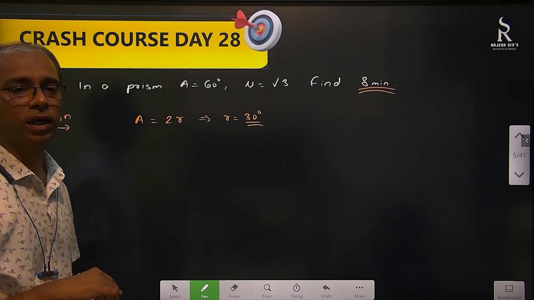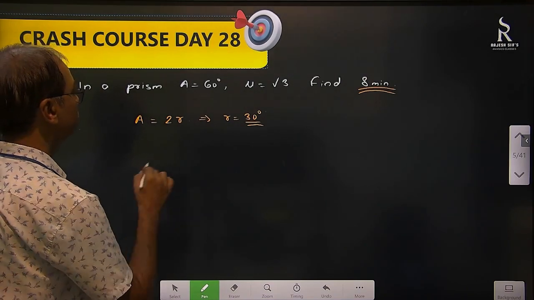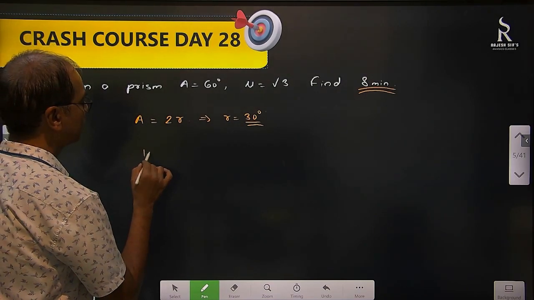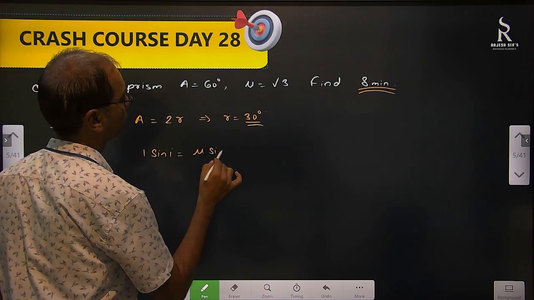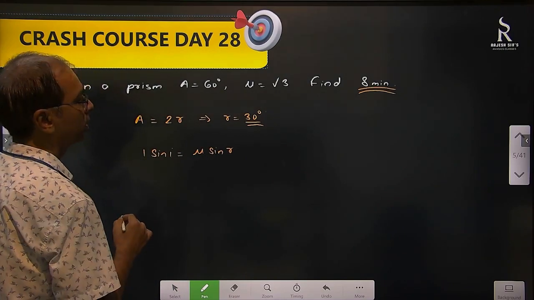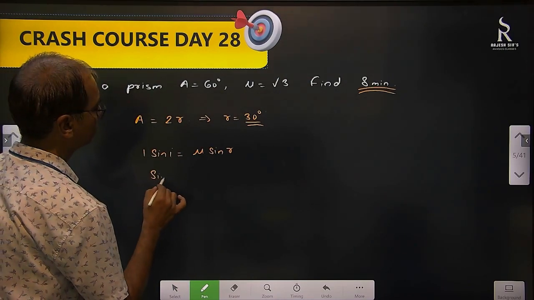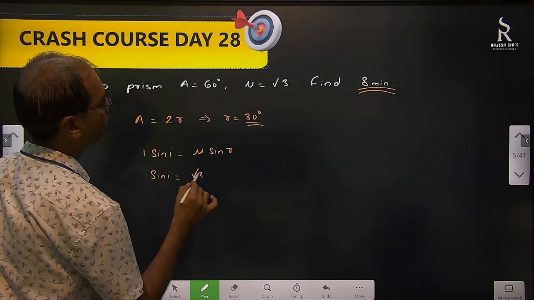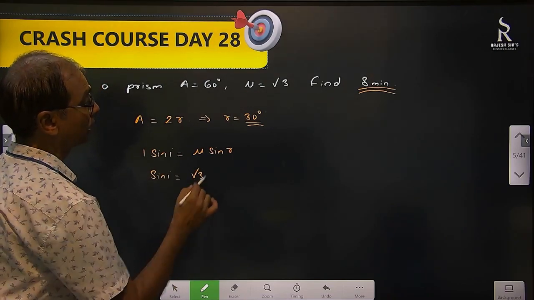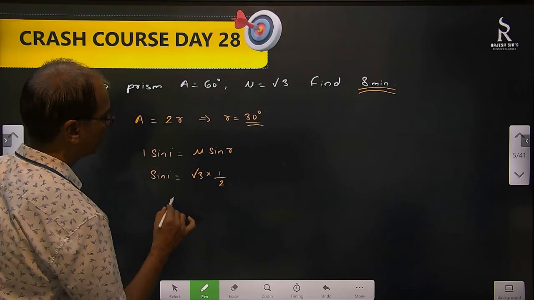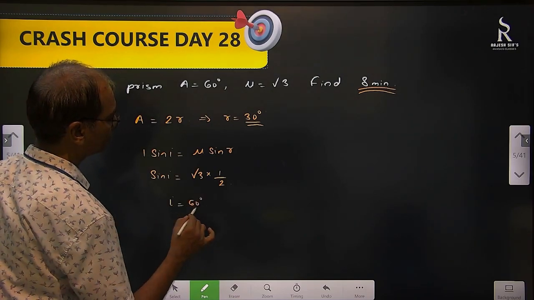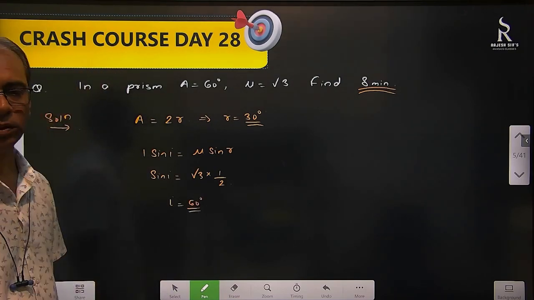That means first we have to get the i value, right? So what you can do: 1 sin i equal to mu sin r, right? Sin i equal to root 3 into sin 30. Sin 30 means 1 by 2. So that means i is 60 degrees.